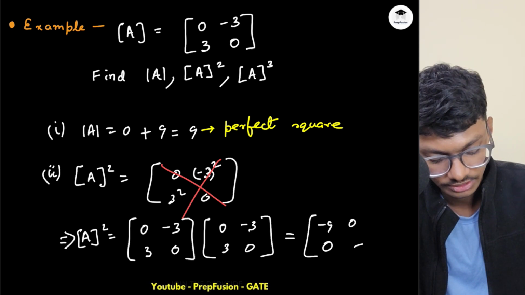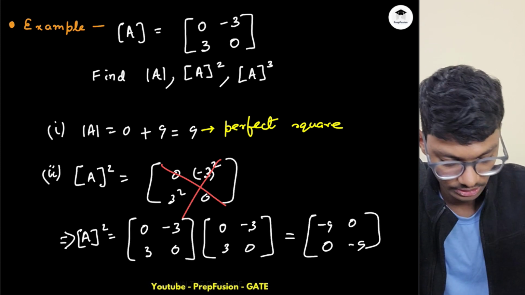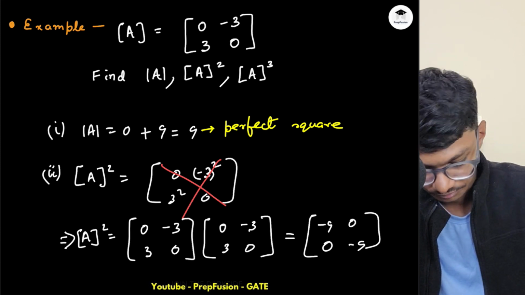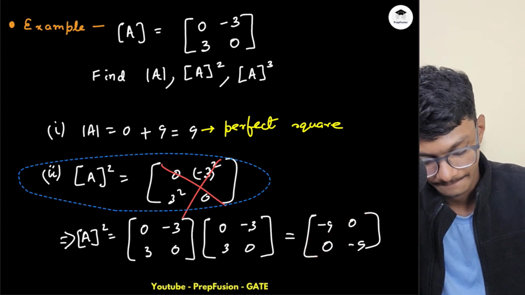If you take the transpose of A square, this is a symmetric matrix, right? So A square transpose equals A square itself, because these two elements are equal to each other.